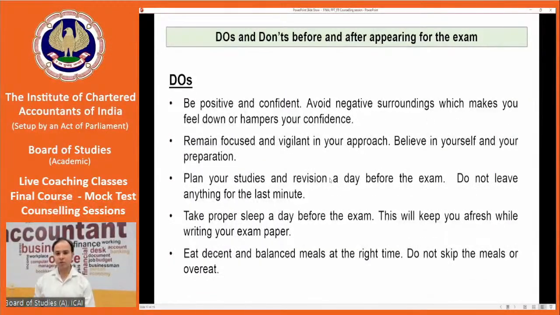As we know, as the exams approach, we tend to develop certain negative feelings: whether we will be able to clear it or not, what the other students are doing, what our friends are doing, what the expectations of parents are, etc. So you should avoid any such kind of feelings.